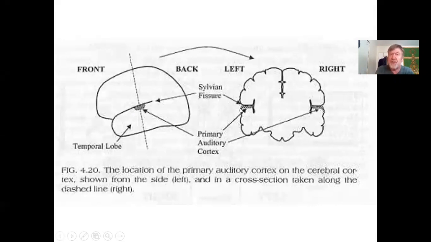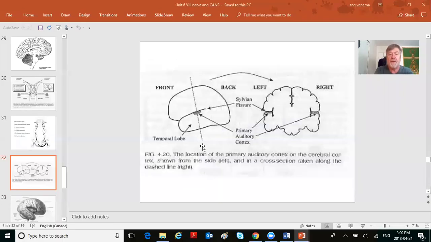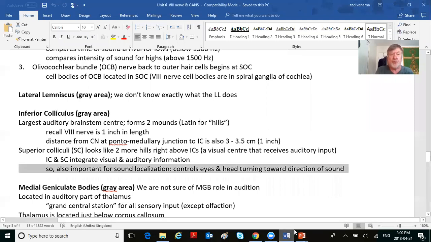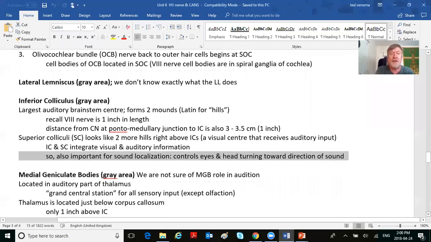And here's what they call the Sylvian fissure. Peeling it apart, you'll see the primary auditory cortex of both sides of the brain, right and left. Heschl's gyrus.